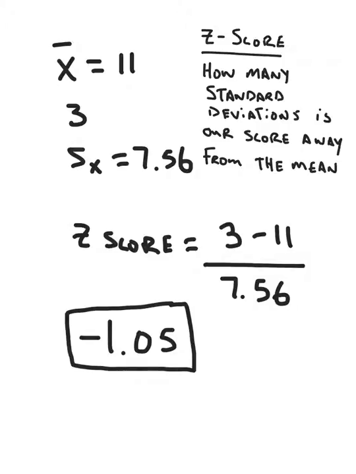So let's take a look at this. Say you're the coach and you have a game and they only have 3 spikes. Now, are you going to go to your team and say, okay, we've got a major problem, or what happened out there? Well, we're -1 standard deviation away from the mean.